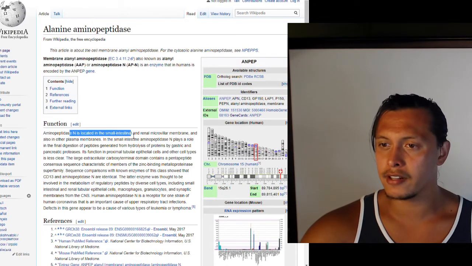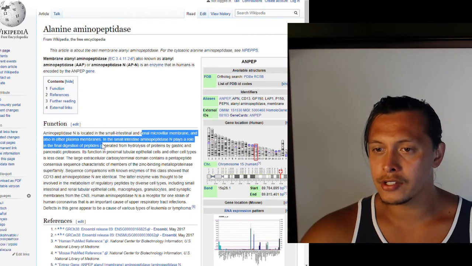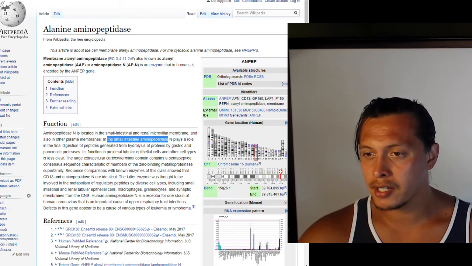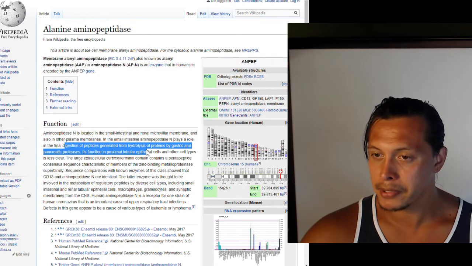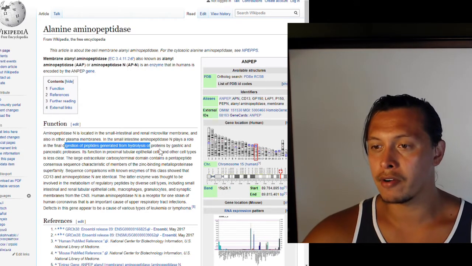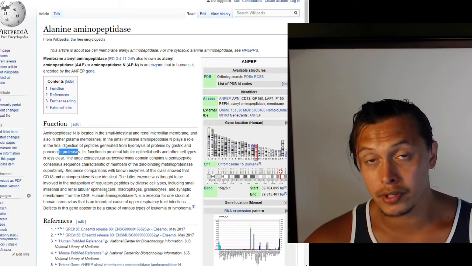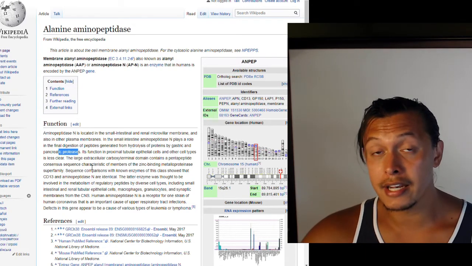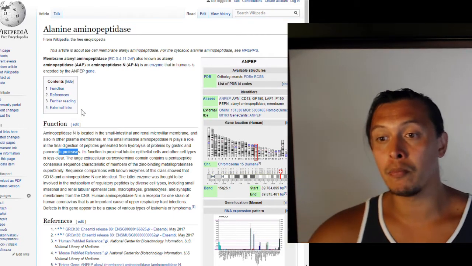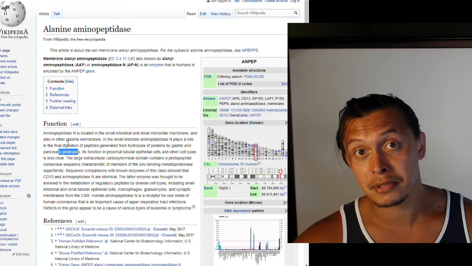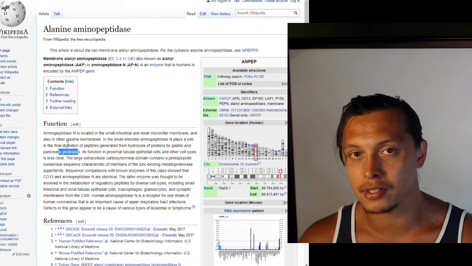So this is located in the small intestines and the renal microvillar membrane, also in other plasma membranes. In the small intestines, aminopeptidase N plays a role in the final digestion of peptides generated from hydrolysis of proteins by gastric acid and pancreatic proteases. So you have your pancreatic proteases that break up initially a lot of the proteins into these smaller peptides, and so the aminopeptidases are taking those peptides and breaking them down further into what I would presume are their amino acids.